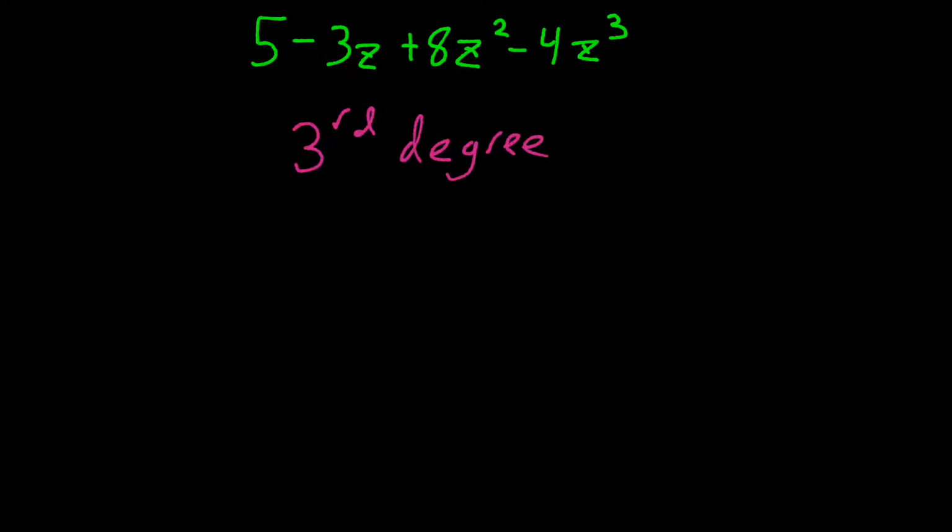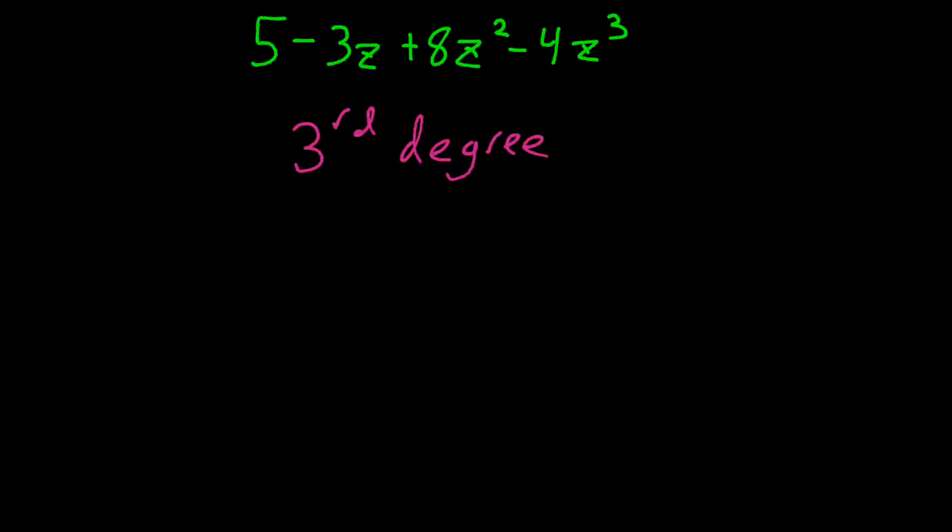Now we can also talk about something here that'll come up in a later video, something called a leading coefficient. And if we remember, the coefficient is the number that's in front of a variable. So I've got a coefficient of -3 here, I have a coefficient of 8, and I have a coefficient of -4.